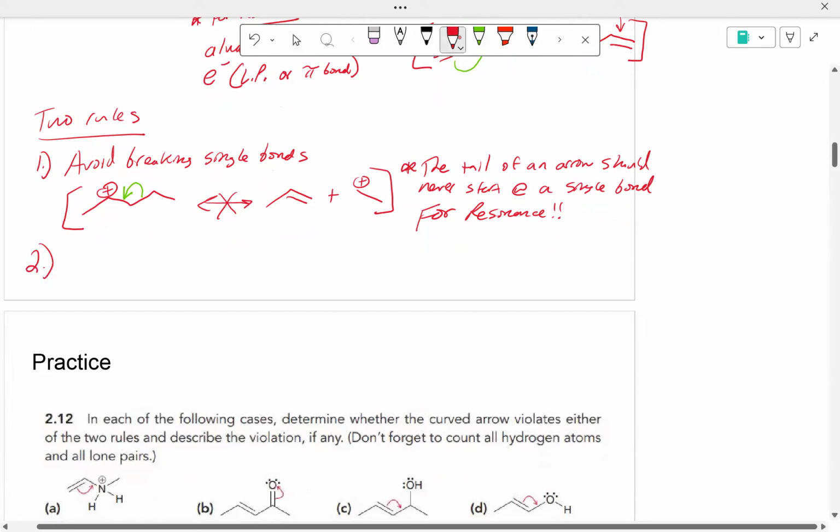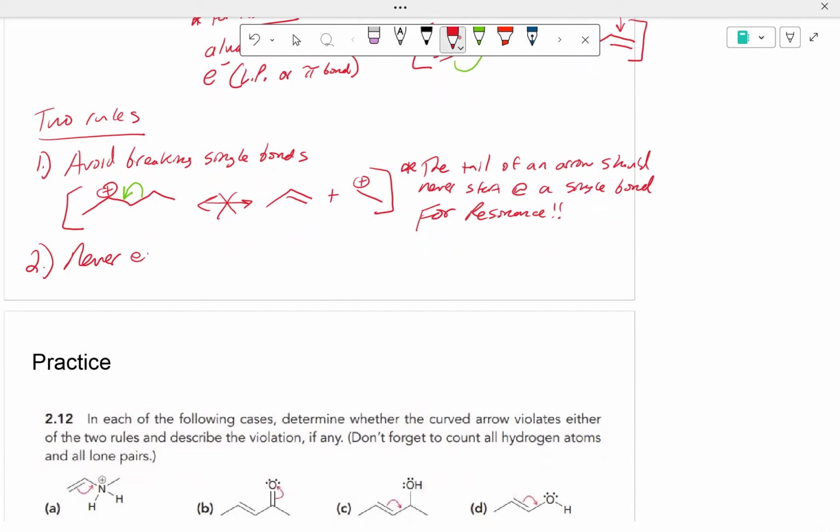Rule number 2 is never exceed the octet rule for second row elements. That's things like, especially carbon, nitrogen, oxygen.